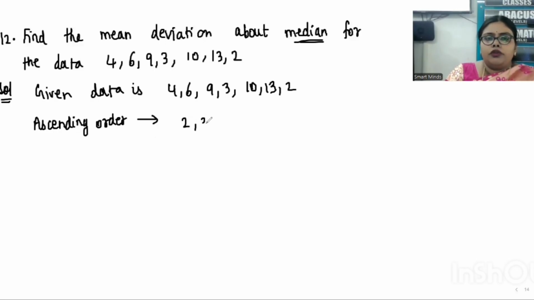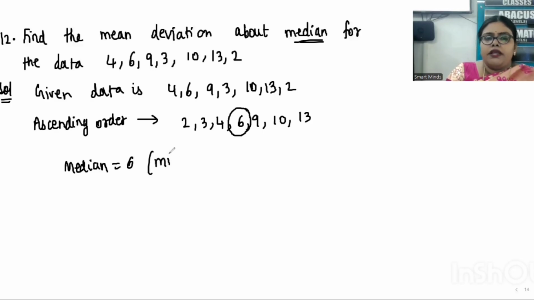So 2, 3, 4, 6, 9, 10, 13. So which is the middlemost number? Middlemost number is 6. So median is equal to 6 because median is the middlemost number.